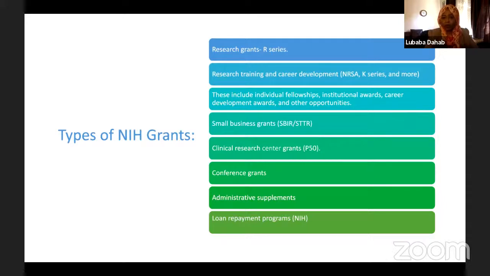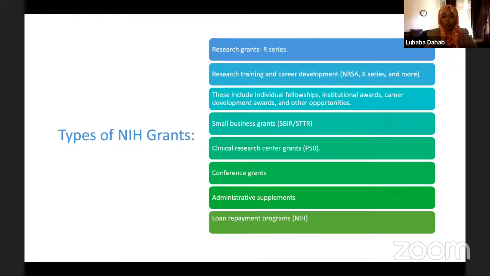So the types of NIH grants: there are many types, more than you can imagine. The most important one is the research grant, also known as the R series. Those are the ones that you are most likely, as health care professionals, to encounter. Other types are research training and career development.